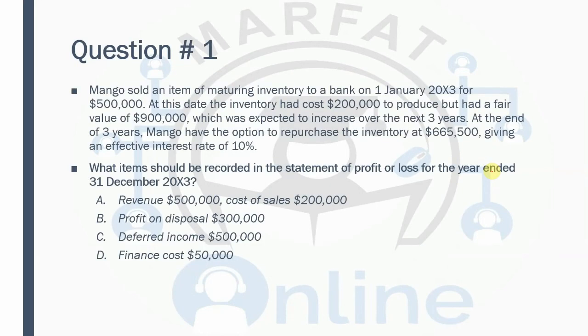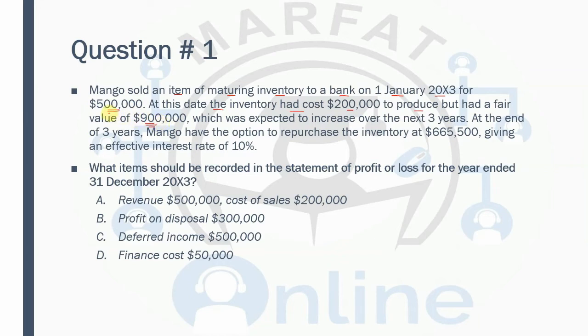So the first question, question number 1. Mango sold an item of maturing inventory to a bank on 1st January 20x3 for 5 lakh. At this stage, the inventory had cost 2 lakh to produce, but had a fair value of 900,000. Now from the figures you can see that there is something unusual going on, as the fair value of the inventory is 900,000, 9 lakh.